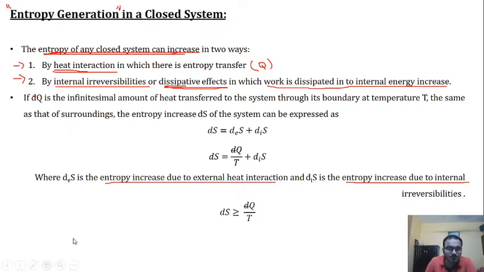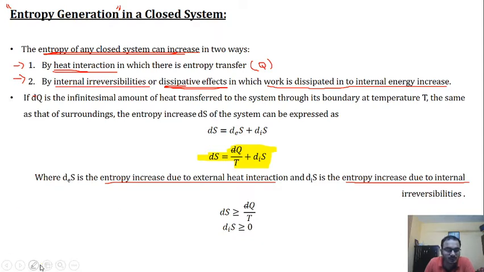Now, based on this formula, as you can see, we can write down that ds, that is the left hand side part, is always greater than this first term, that is d cut q upon t. That is very basic thing. So we can say that dis, that is the entropy increase due to internal irreversibilities, is either 0 or it is greater than 0.